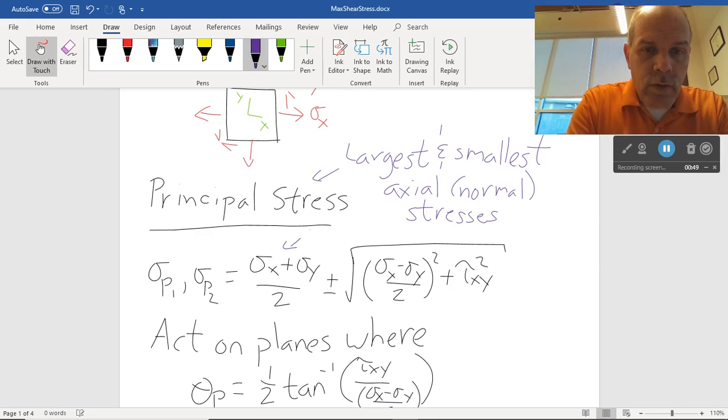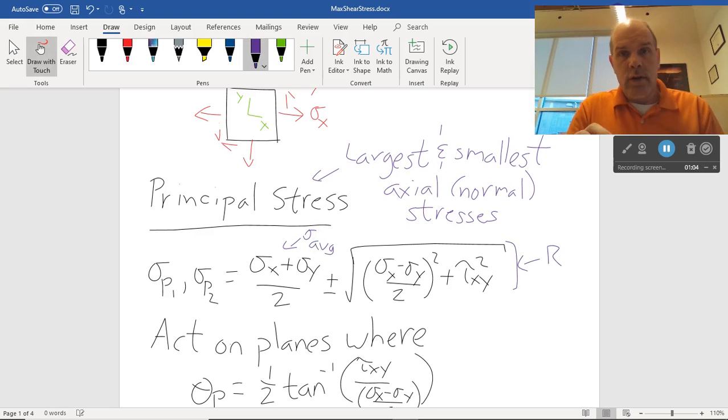This first term was the average normal stress, right? Sigma sub AVG. This second term we'd called R, okay? There's a reason for R coming later.